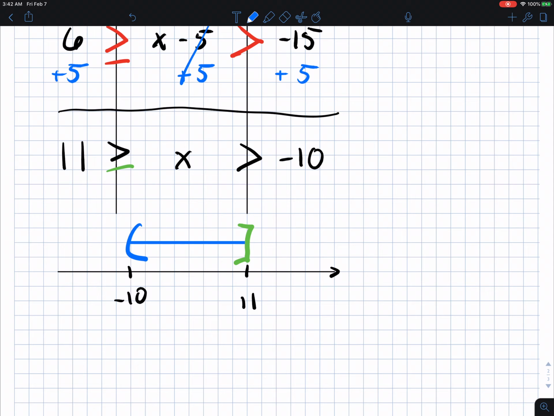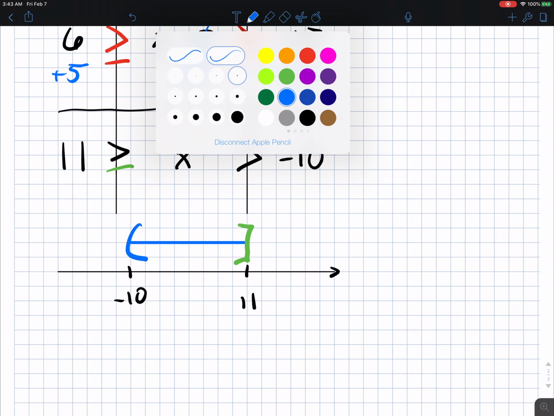All right, so because of that bar between the 11 and the x, that's why we did a square bracket. And then because x is strictly greater than negative 10, the negative 10 got a parentheses. And so what we mean by a parentheses in this case, let me see, we'll do this color.